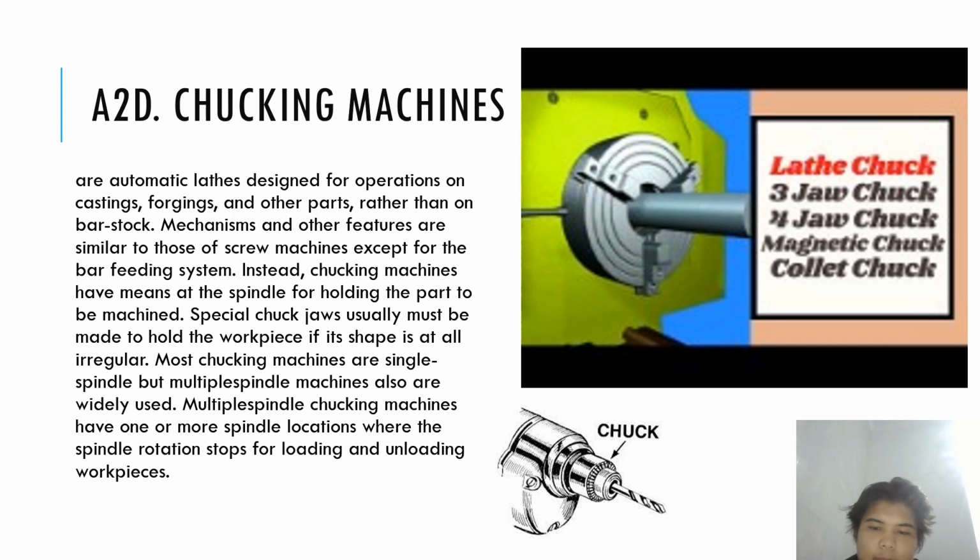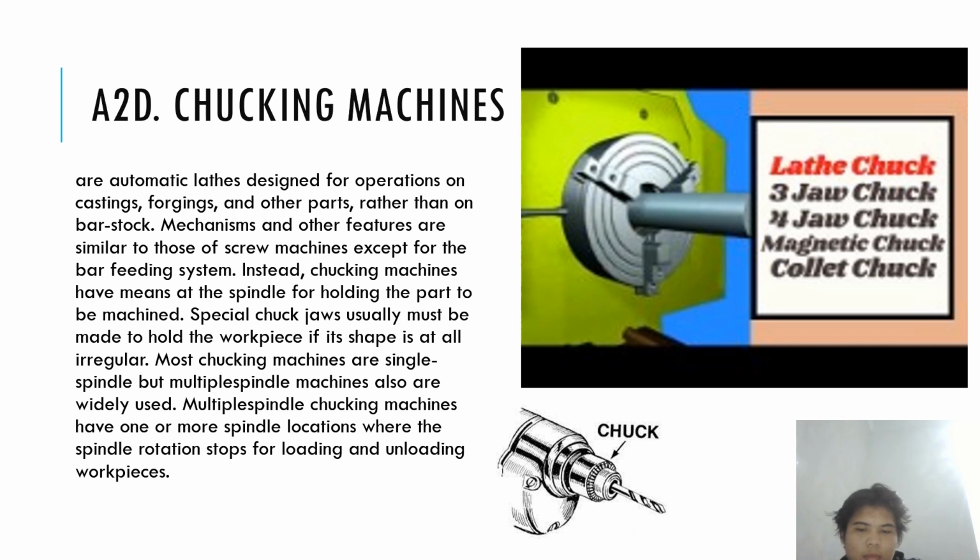3-jaw universal chuck. In this video, we will discuss the 3-jaw universal chuck. It is an important work holding device in the lathe. Chucks are used to hold workpieces in a lathe. Three-jaw chucks are used to hold round and hexagonal work.